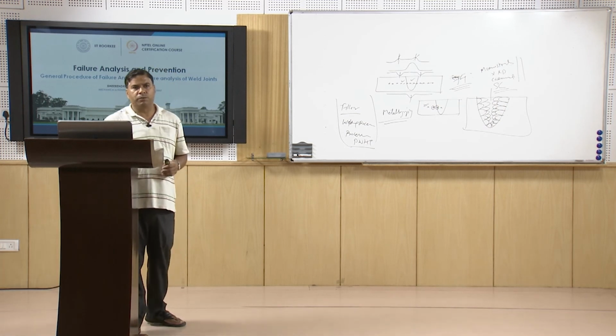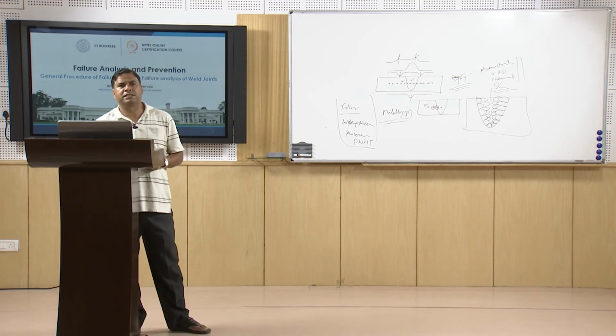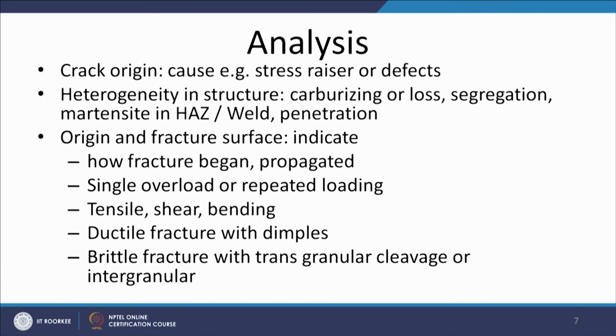So in this regard, what we need to see is where the crack has originated, whether there was any discontinuity or residual stress, whether there was any role of microstructural aspects with regard to heterogeneity in structure due to carburizing, decarburizing, loss of alloying elements or segregation, presence of martensitic structure in the weld or heat affected zone or lack of penetration, and then how the crack has initiated and propagated, whether the load was repeated or a single loading, whether tensile, shear or bending type, and in which way fracture has been facilitated.